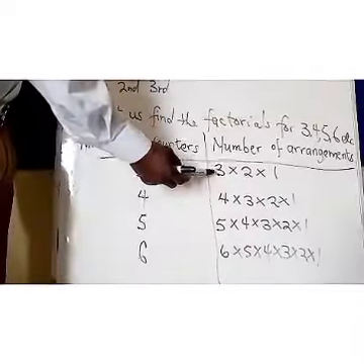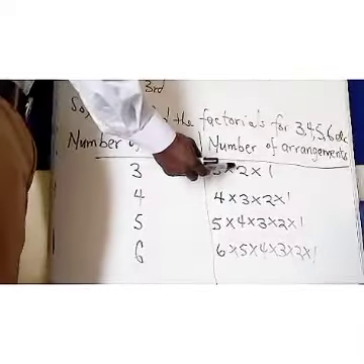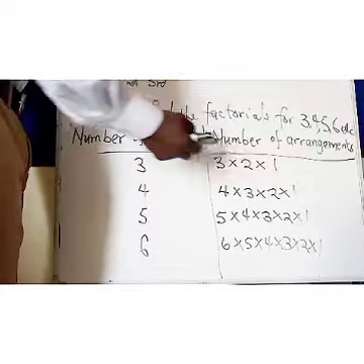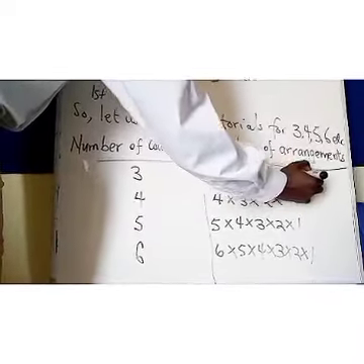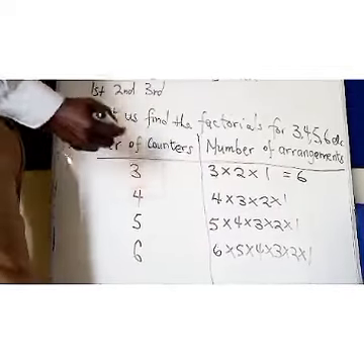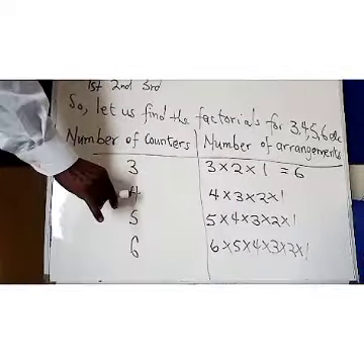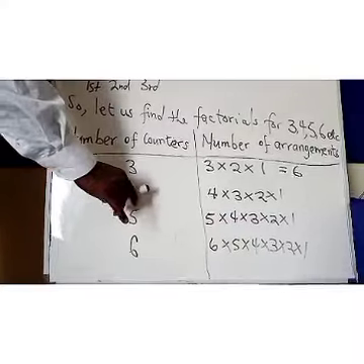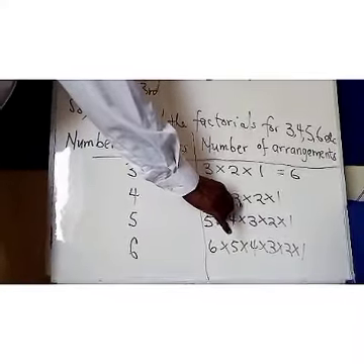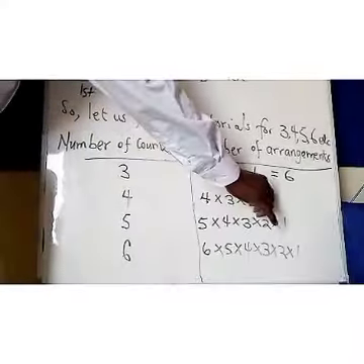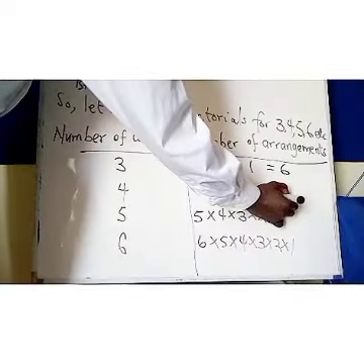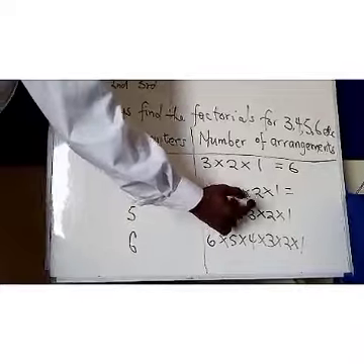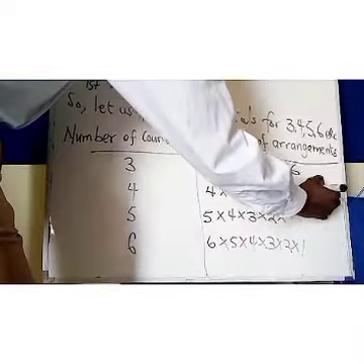We have it as 3 times 2 times 1, which gives us 6. We have 4. 4 times 3 times 2 times 1 gives us 24.